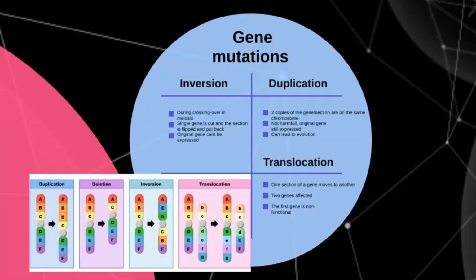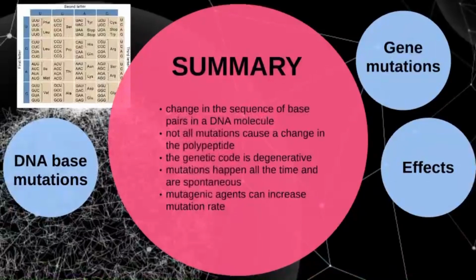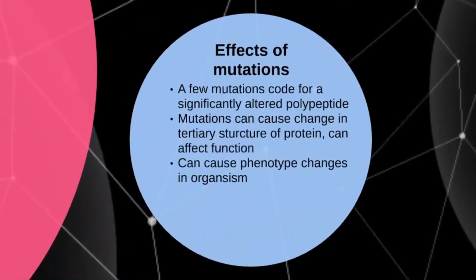So now that we've talked about the different types of mutations, let's talk about the effects that they can have. Only a very small number of mutations will significantly alter the polypeptide that is produced. But as I said earlier, mutations can cause a big change in the tertiary structure of the protein, because even if it's just a couple of amino acids that are different, then we have differences in the way the protein folds, and this can really affect the function of the protein.